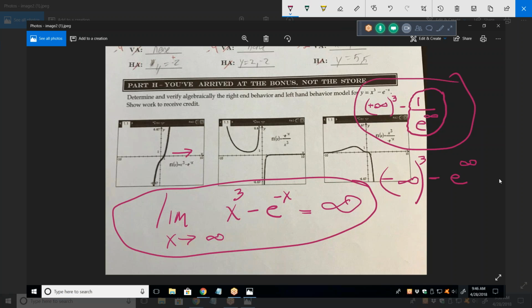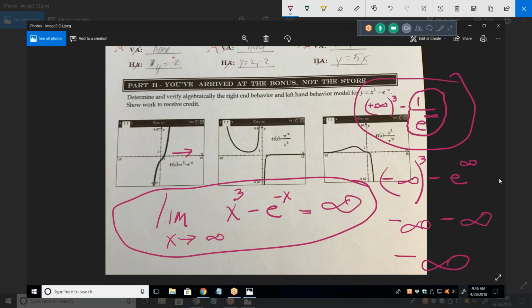Now I got a problem. I got the e to the infinity, minus infinity. Oh, that's not a problem. That's negative infinity. It's negative 2 infinities, same thing as negative infinity.